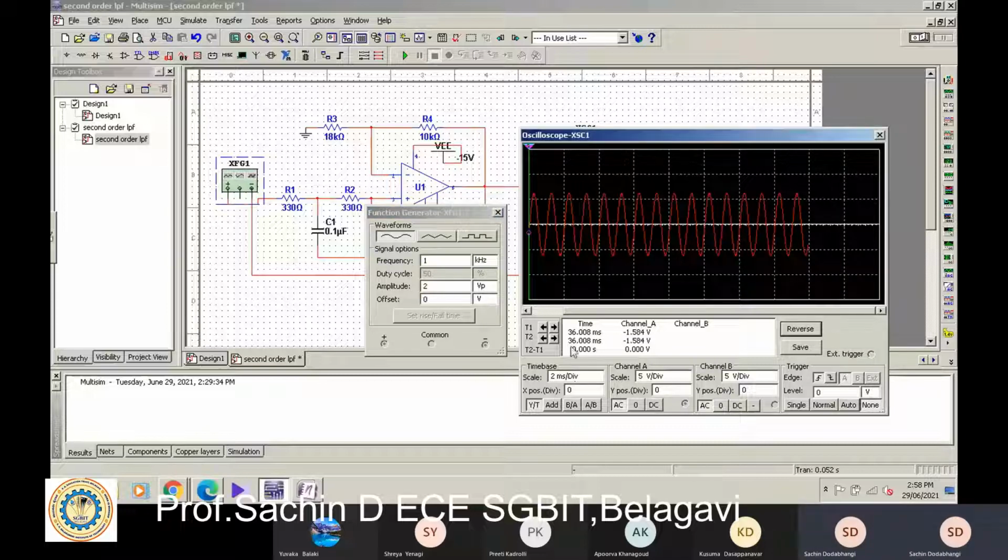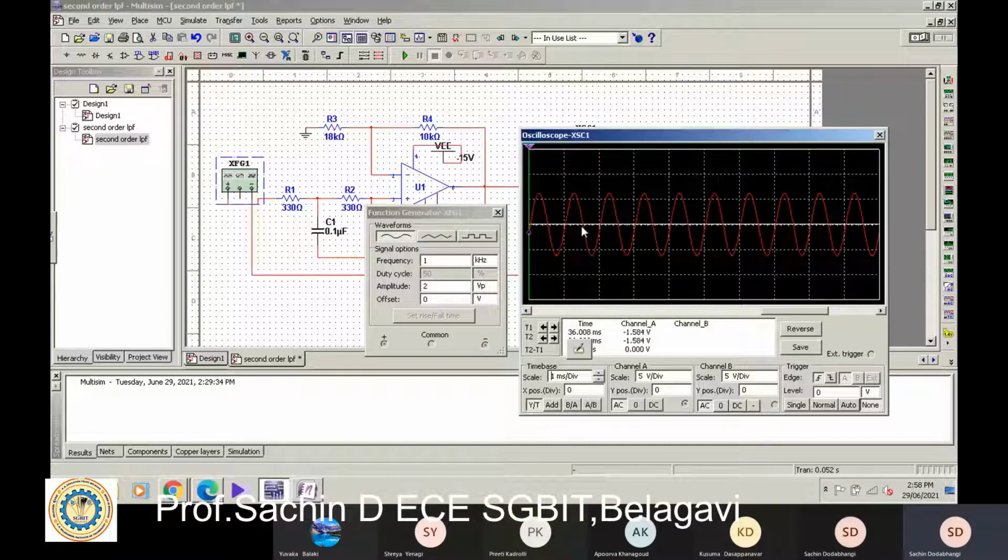Check the frequency. I'll set it for 1 kilohertz only. So you can see it clearly now. The frequency is 1 kilohertz. One full cycle, positive cycle and negative cycle, is covering one division along the x-axis.